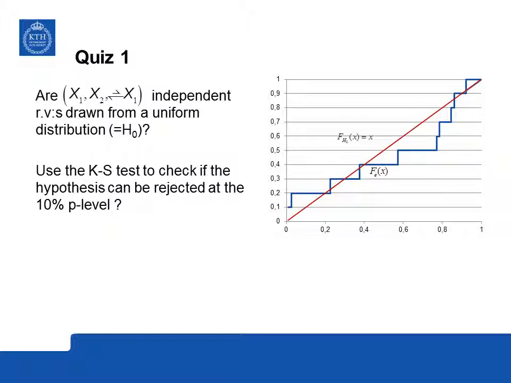And we also plot the distribution of a uniform random variable, which is the straight red line in the curve. And your task is now to use the Kolmogorov-Smirnov test to check if the hypothesis can be rejected at the 10% p level.